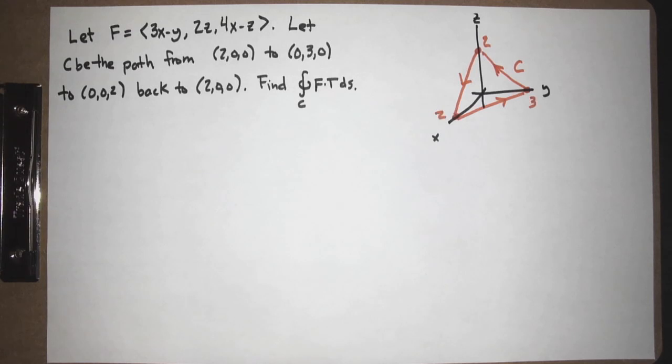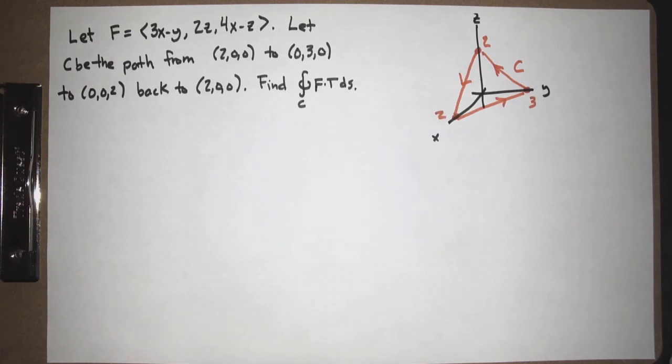Our goal here is to say, whichever way they gave us to do the integral is not the way we should do it. So if they ask us to do a line integral, we should do a surface integral. If they ask us to do a surface integral, either do a line integral or do a surface integral with a better surface. So let's use our tools.